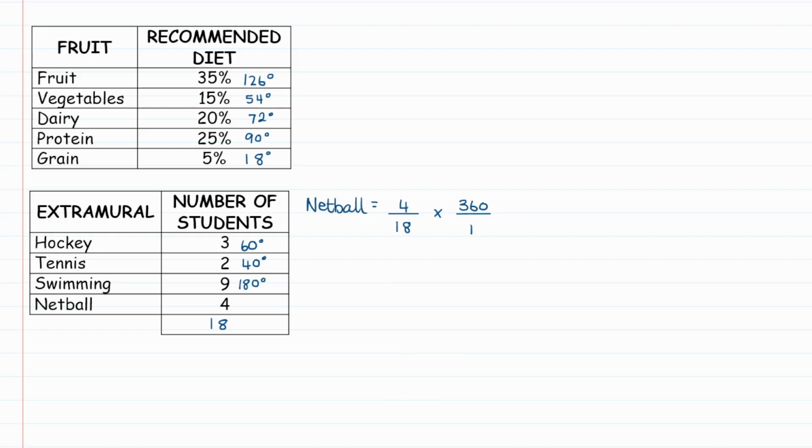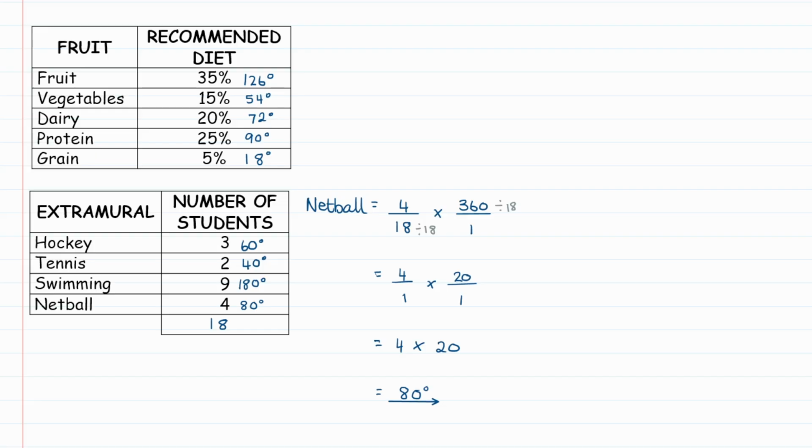Lastly, 4 out of the 18 students chose netball, and times that by 360 over 1. Cross-cancelling gives me 4 over 1 times 20 over 1, which is the same as 4 times 20, which gives me 80 degrees. Remember that when we are multiplying fractions, there are a number of ways to get to an answer.